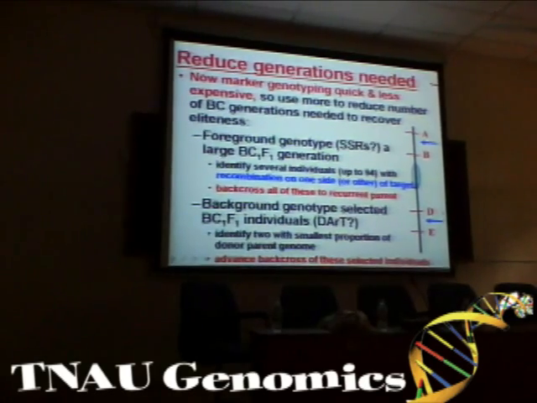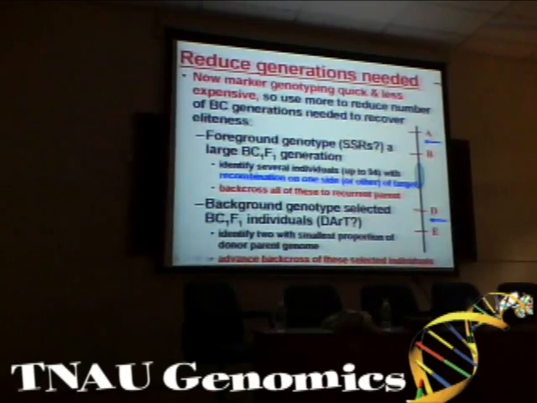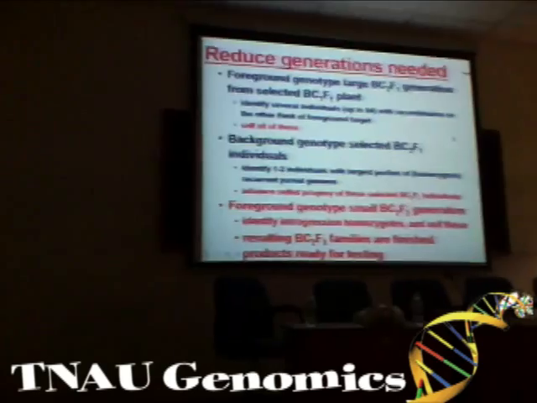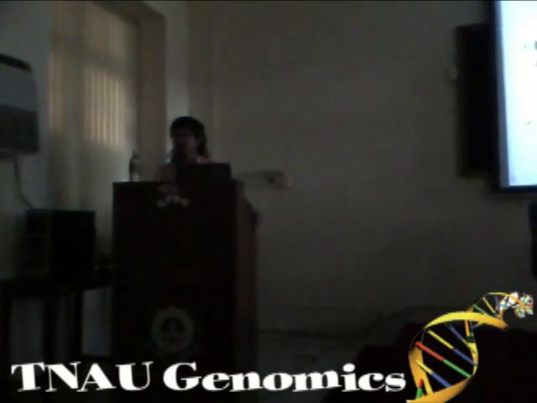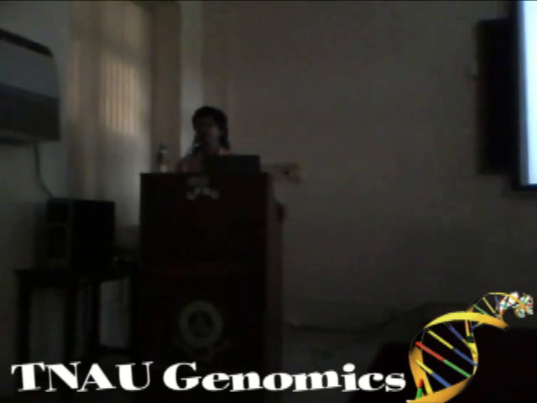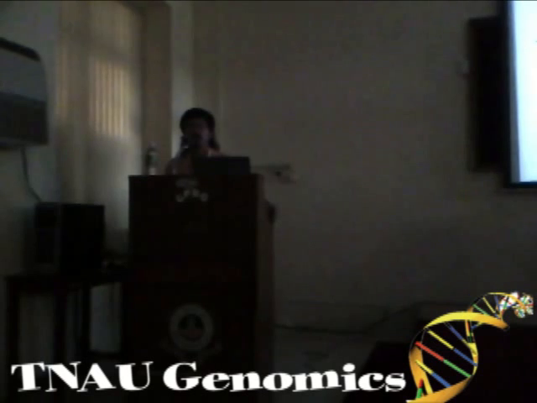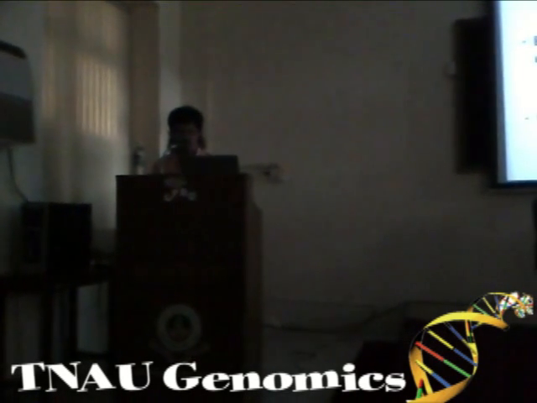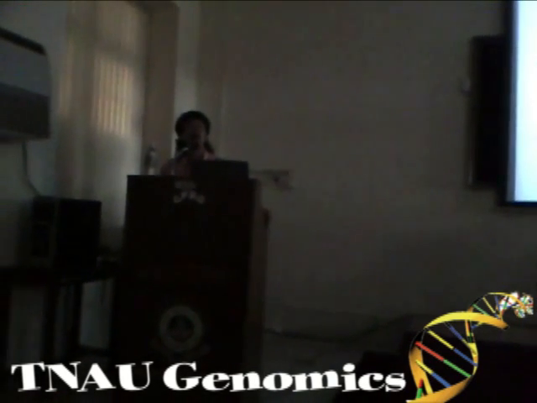Either at A and B, in case you were able to get the recombination between D and E in the first generation, or between D and E if you had the recombination between A and B. You end up with a small population of backcross 2 F1 individuals that you need to self, and those then produce very large backcross 2 F2 populations. You are able to look at populations of 24 to 96 individuals and recover your single or multiple QTL integration homozygote with better than 95% recovery of your recurrent parent genome.